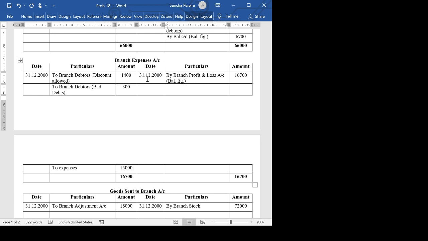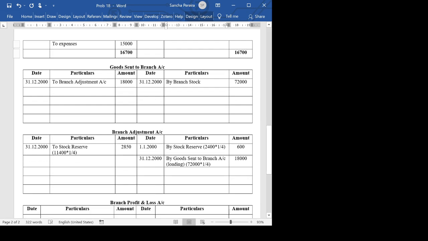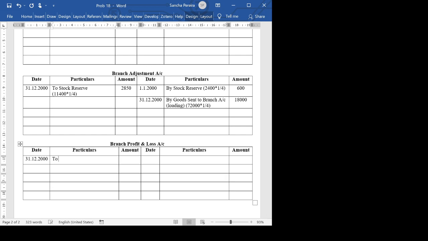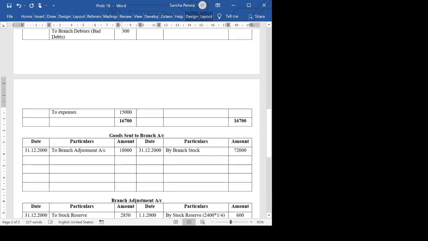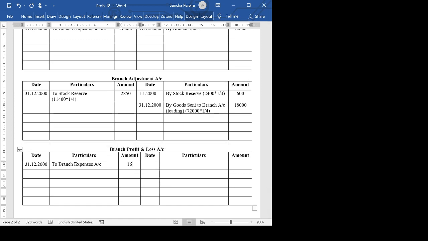In the profit and loss account it will be 31st December 2000, to branch expenses account, and that comes to 16,700.